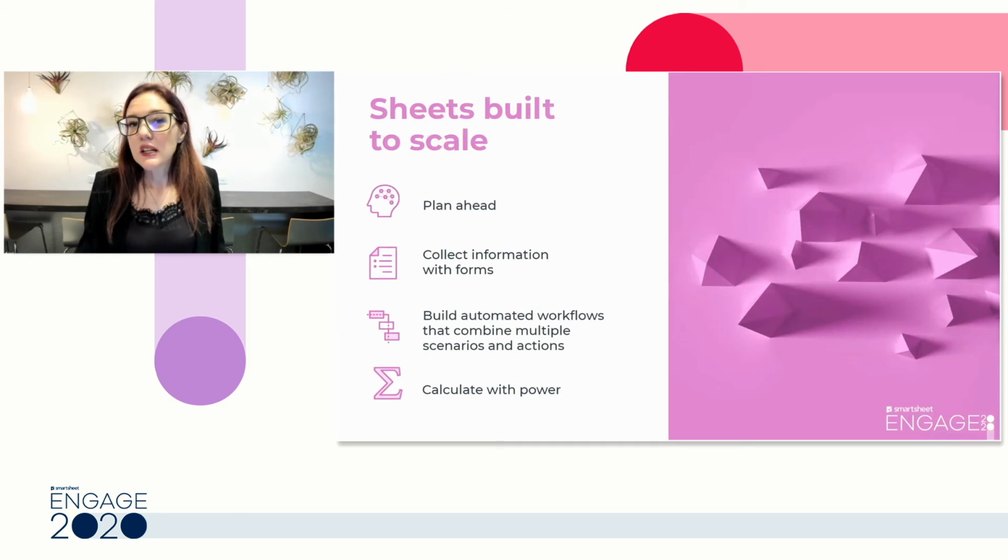And some things that I keep in mind when I'm building out my sheets, I try to be very intentional. Who's the intended audience of this sheet? How can I help draw their eyes into what's most important? When I need to gather information, how can I use conditional logic and web forms to gather the most important data that I need with the least amount of effort from the submitter?